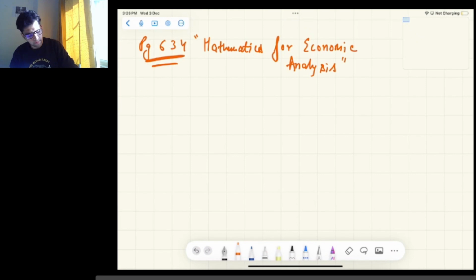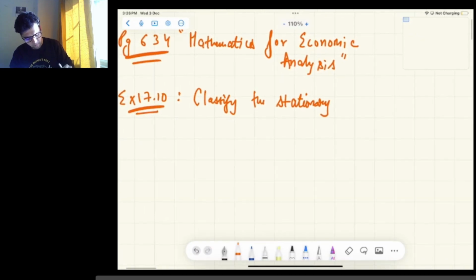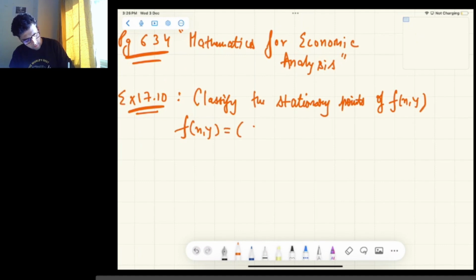Right, so example 17.10 says that classify the stationary points of f(x, y), where f(x, y) is equal to (x minus 2) e^(x square minus x) (e^y minus 2) whole square.